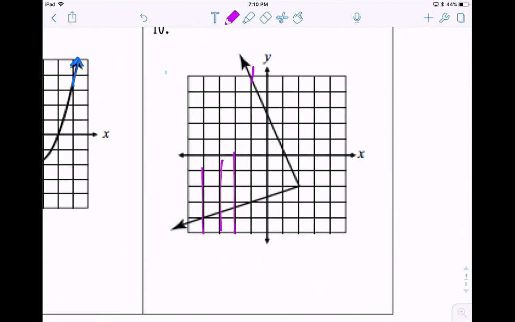But if you get to here, you should see that that point and that point are going to have the same x value. Both of those have an x value of negative 1. The same for here and here. Those lie on the same vertical line. Here and here, those lie on the same vertical line. So this one is not a function. Some of those points have the same x value. So not a function.